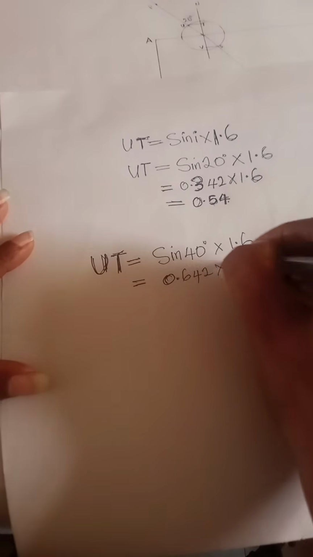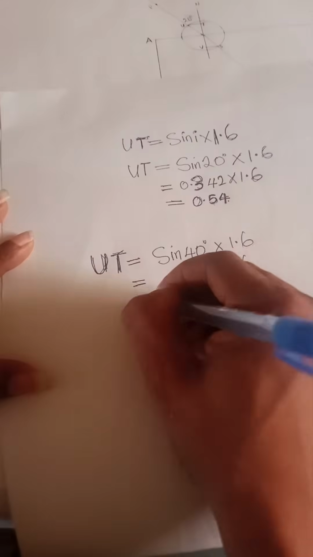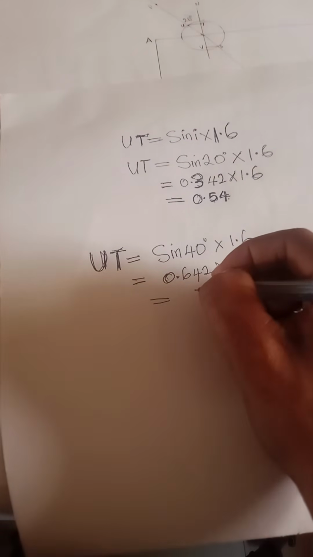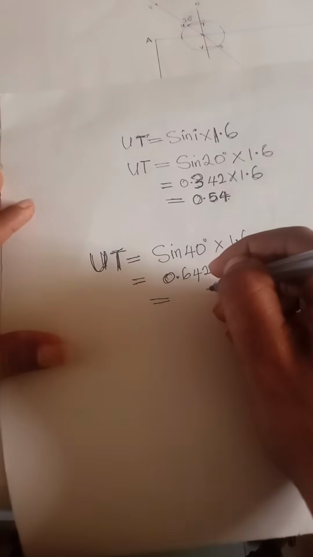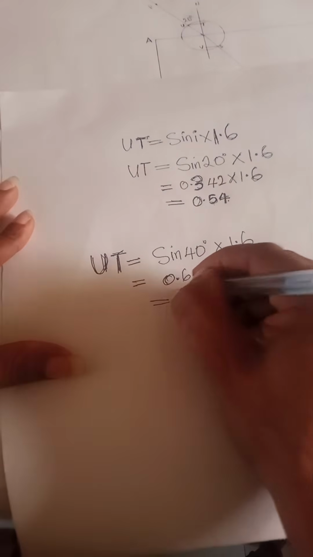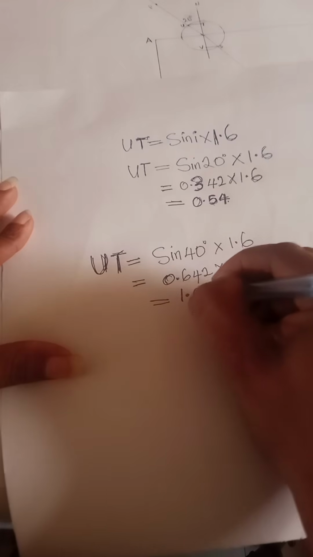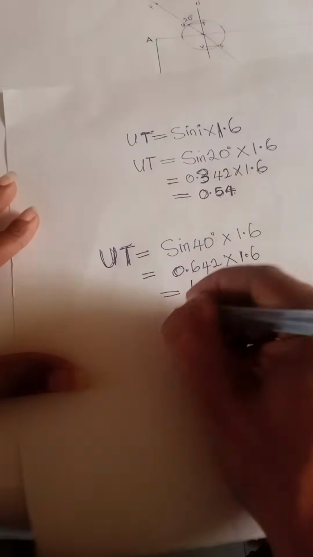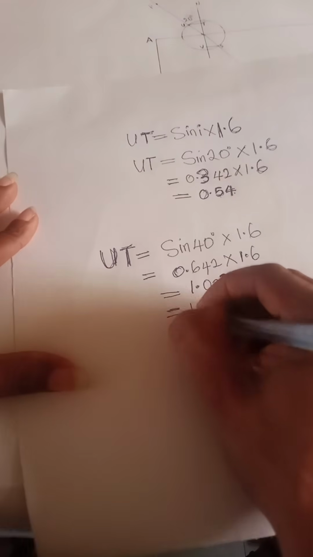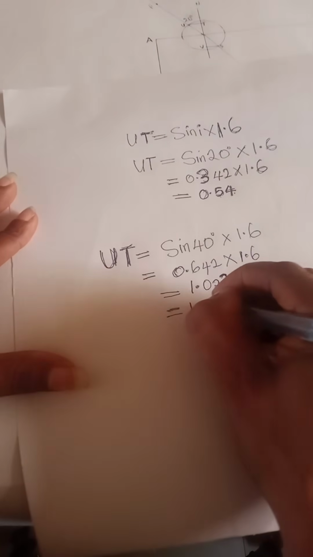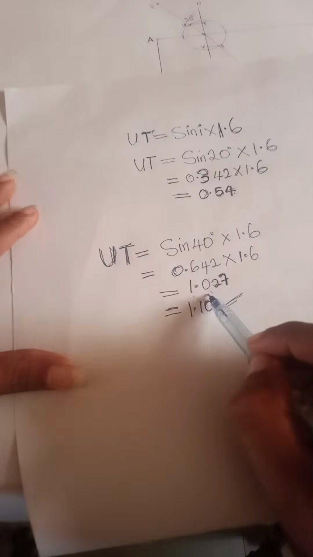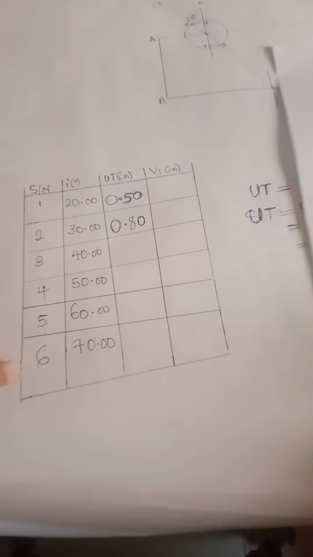Multiply it with 1.6, everything is going to give us 1 point something, 1.027. So I can take 1.0, or I can decide to take 1.10. If I like, I can as well write 1.0 on my readings.